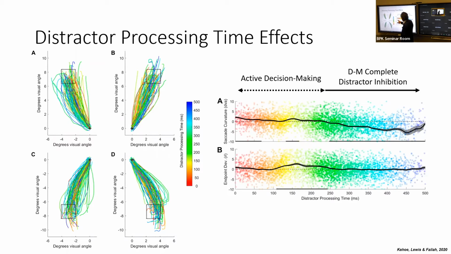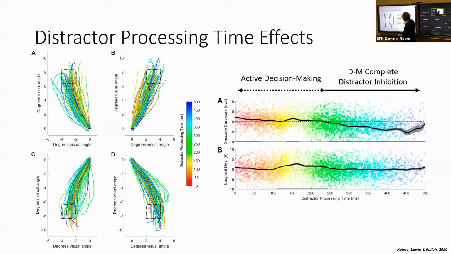But what we can see here is that in this early stage, around 240 milliseconds or lower, we're calling it the active decision-making stage. This is when you're still looking at both the target and distractor and trying to decide through your active discrimination which one is the target that you're trying to find.